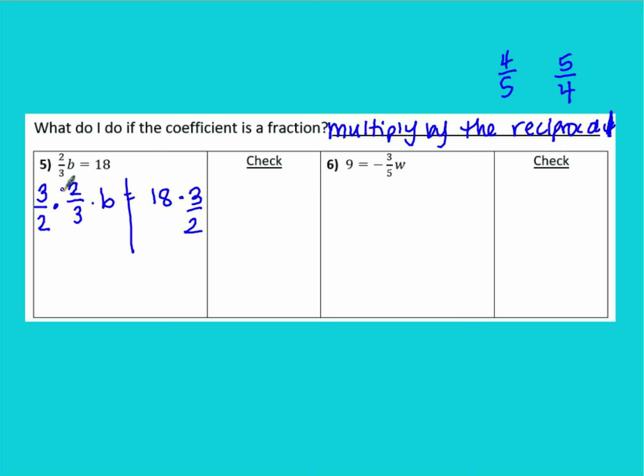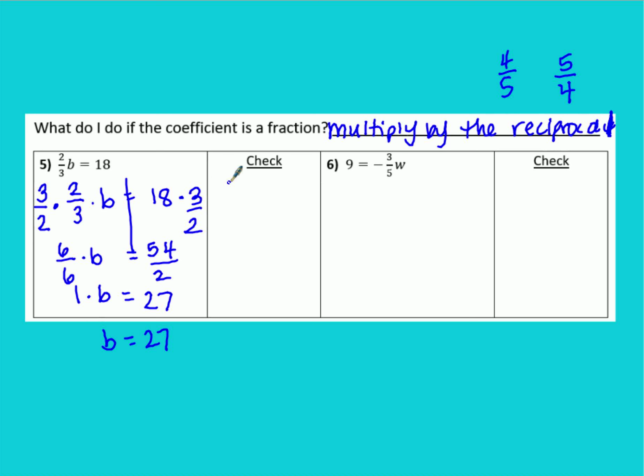So if I take 3 times 2, I get 6 over 2 times 3 is 6 times b equals 18 times 3 is 54 over 2. 6 divided by 6 is just 1, so 1 times b should equal half of 54 here, which is 27, and 1 times b is just b, so b equals 27.